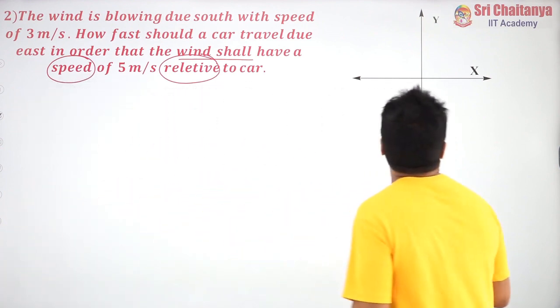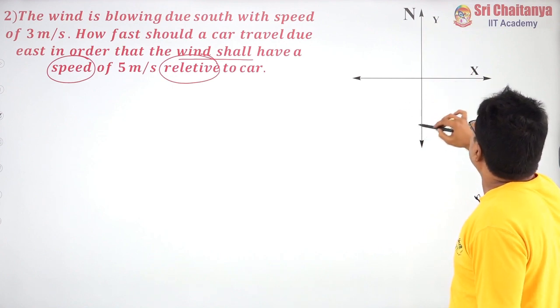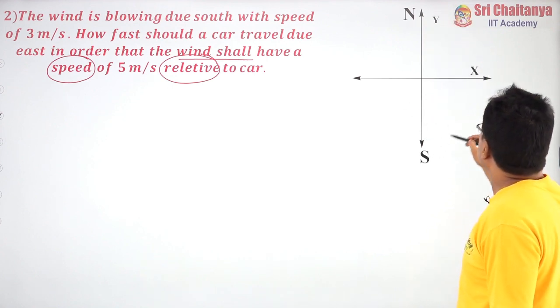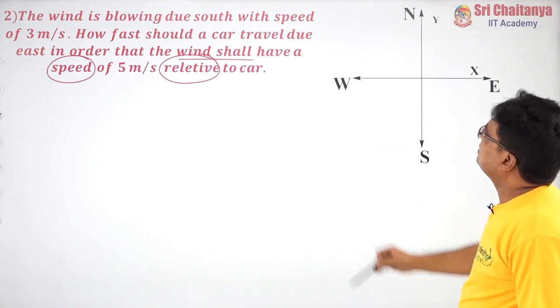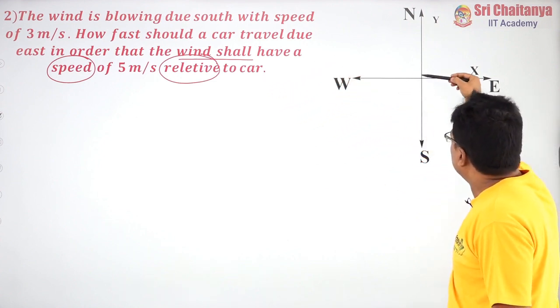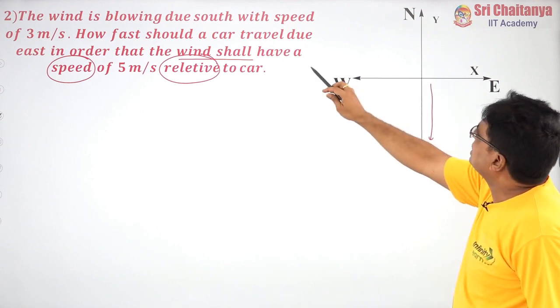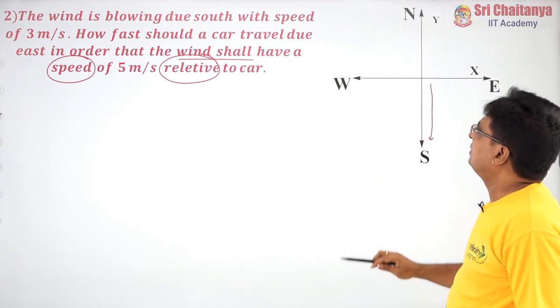That means, see, this is the situation. Without loss of generality, you imagine x and y axes, and this is north, this is south, this is east, and this is west. What is given? The wind is blowing due south, so the wind is coming like this, with a speed of 3 meters per second.